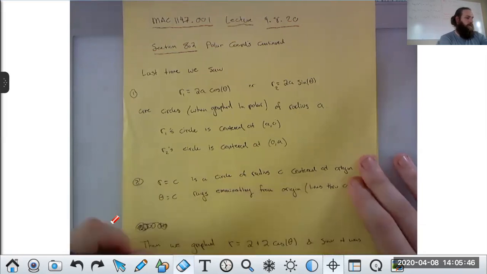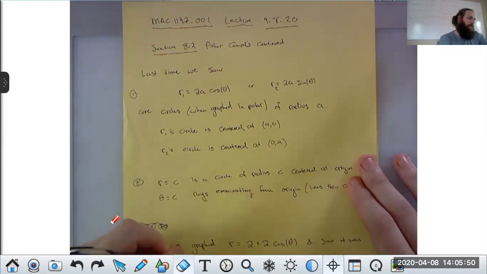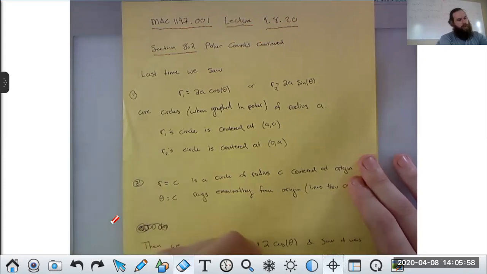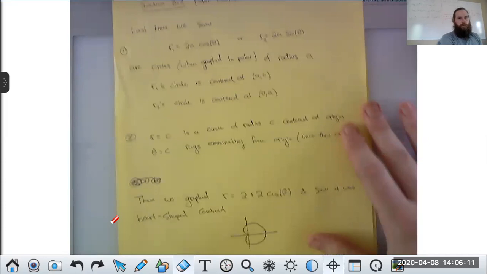It was this heart-shaped graph. So it looked more or less like this.